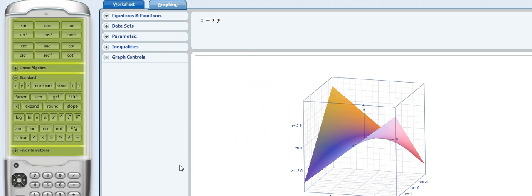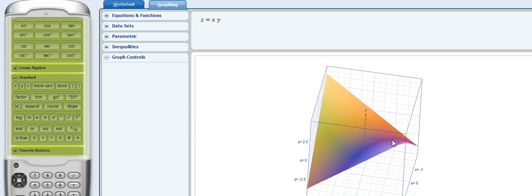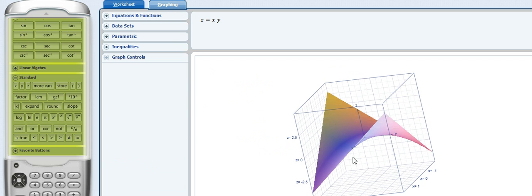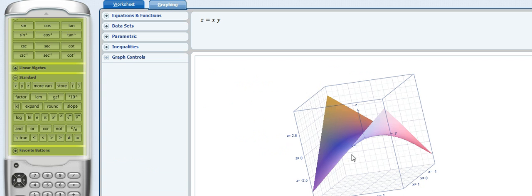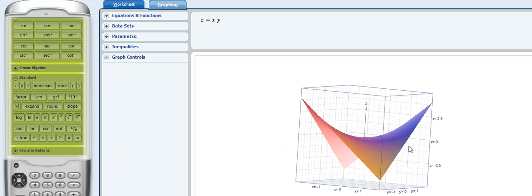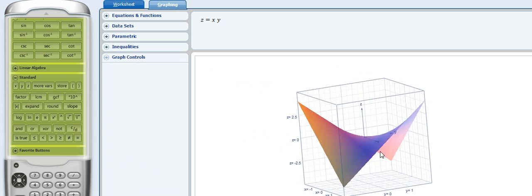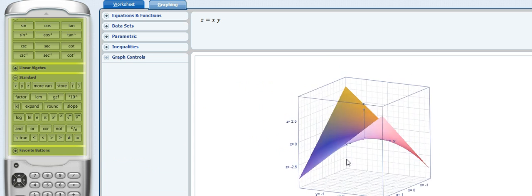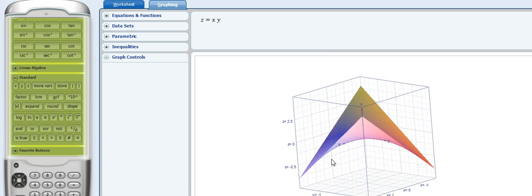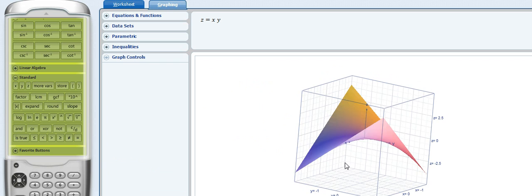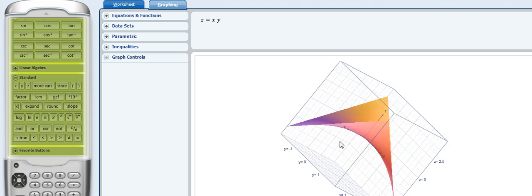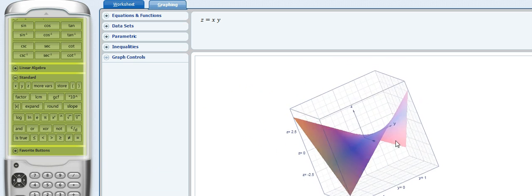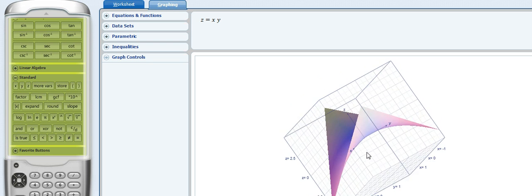Let's see the graph. This is the graph of this curve. This is the graph of z, which is equal to x times y. As you can see, it's like a bent sheet of paper. Okay, can you see it? Right? You can see it.